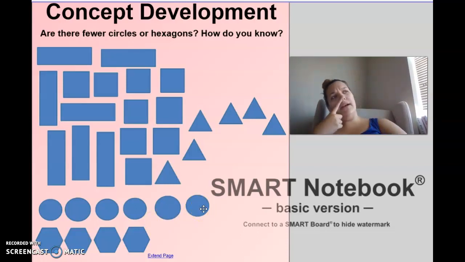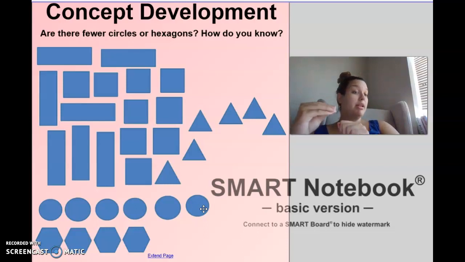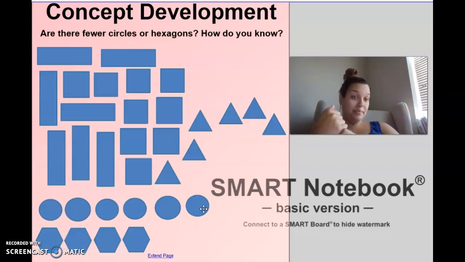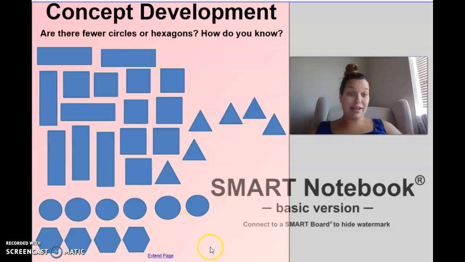So challenge question. How many more hexagons would I need to make my number of circles and my number of hexagons the same as one another? I would need two more hexagons because I would need a match here and a match here, right? Very good. But looking at this right here, I have fewer hexagons than I have circles.